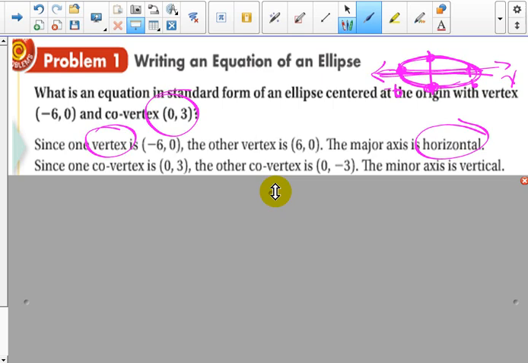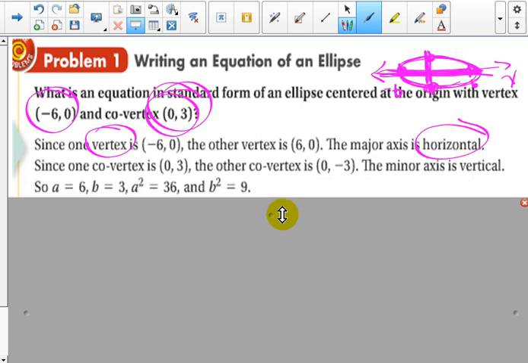So you have to really look at both of them and decide which one's bigger. So this one was the bigger, and also they said that that's our vertex. So we know that's horizontal, and the co-vertex is perpendicular to that. So it's a horizontal ellipse.